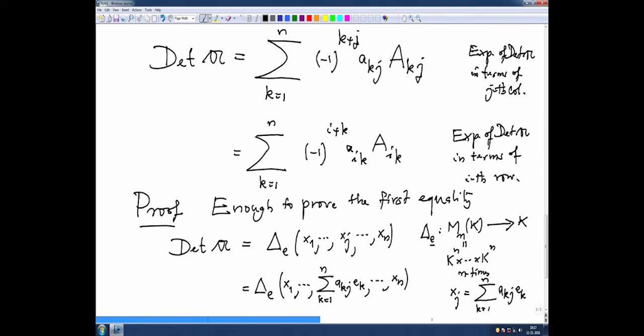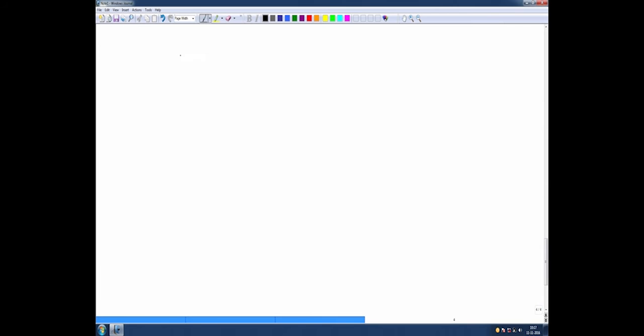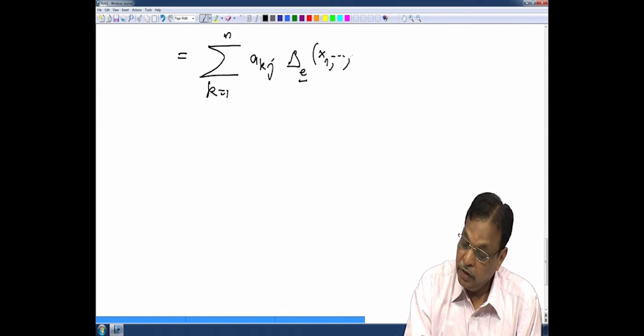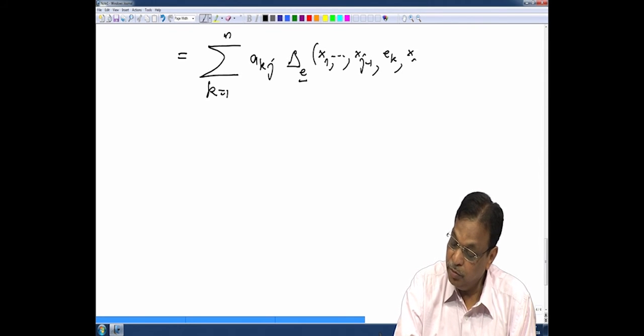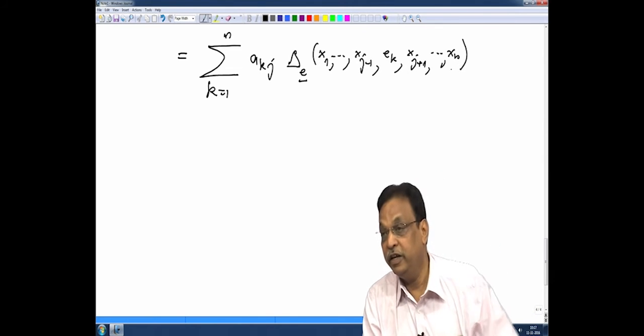Now, what do we do with this? Use the fact that delta E is alternating and multilinear. So, I will take this sum out. Therefore, this is equal to summation running over k equal to 1 to n, the coefficients first, a_kj delta E of x1 to x_{j-1}, then here is e_k, x_{j+1} to xn. This is just multilinearity.